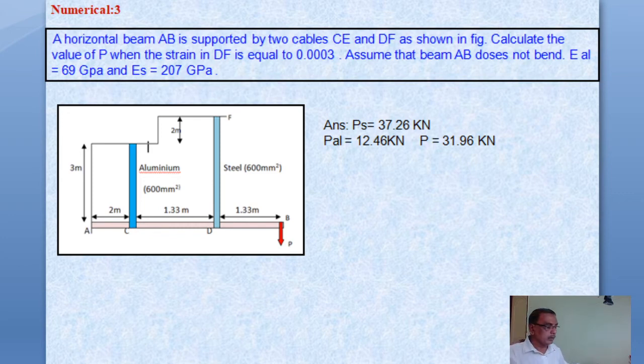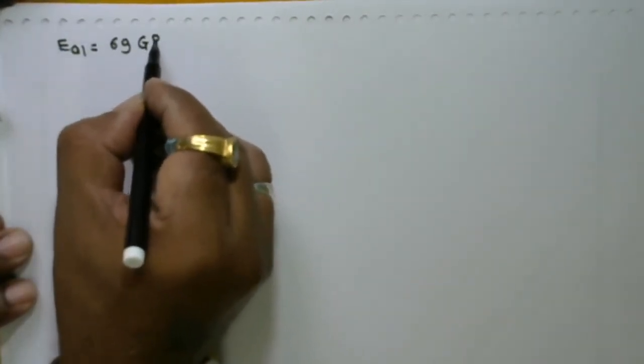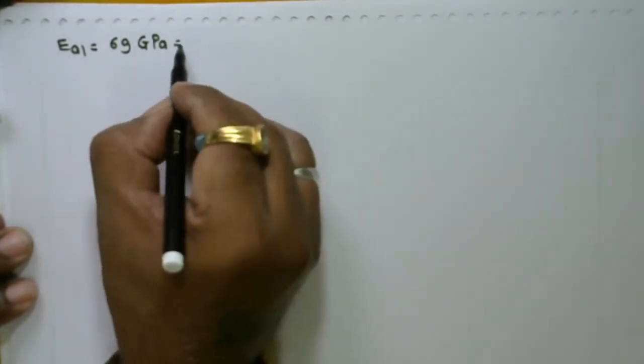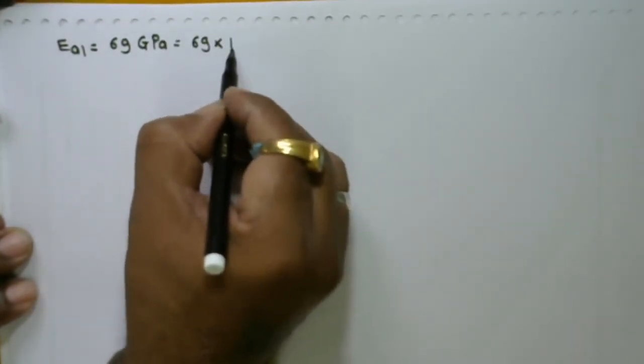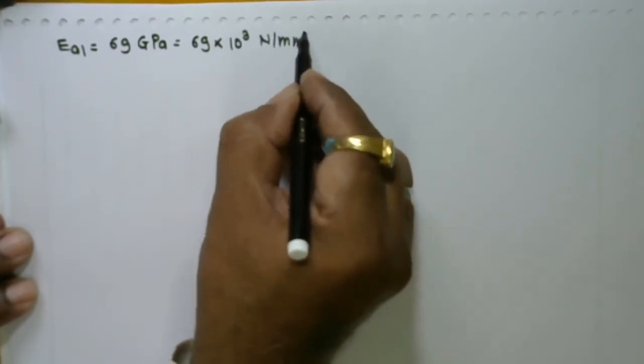Now first we have to draw its FBD and note down the given data. Modulus of elasticity for aluminium, EAL, is given as 69 GPa. Convert into 69 into 10 raised to 3 Newton per mm square.